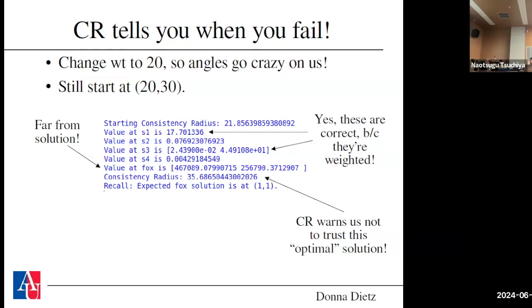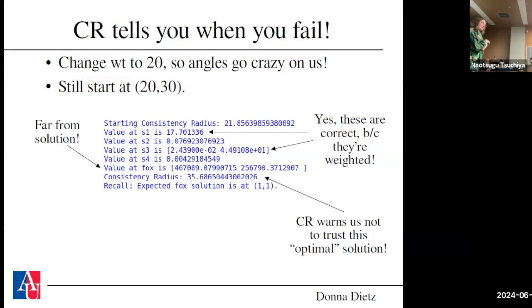Guess what? We did not find that fox. No way, no how. The thing was just spinning around like, I don't know where the fox is. You made that weight too big. Okay, so look at that horrible consistency radius. Nowhere near 0. There are a couple of clues. One is that our consistency radius that we started with is 21, and it went up.